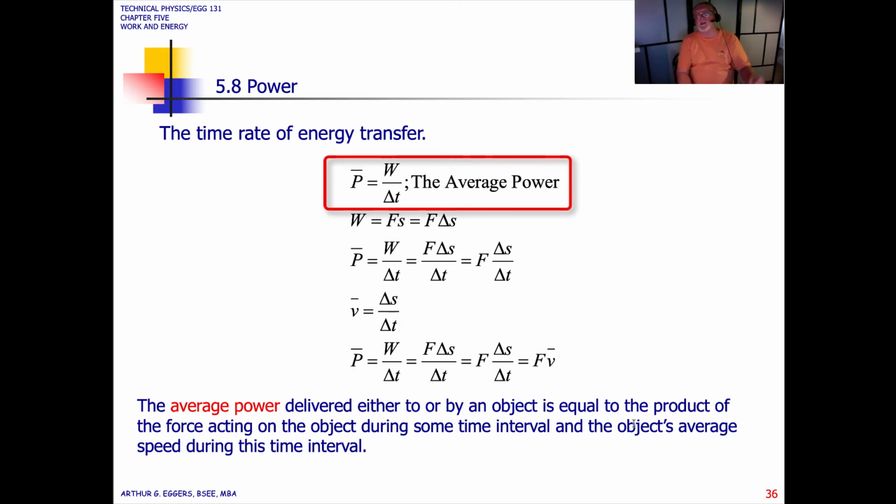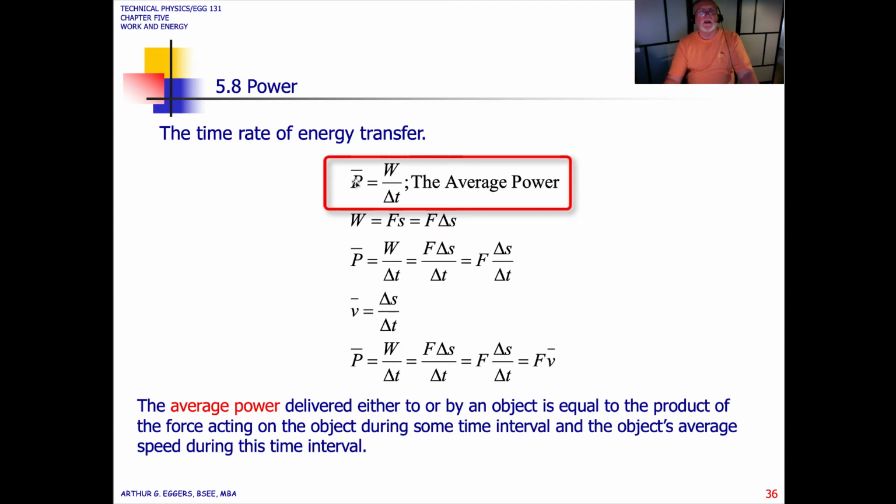Okay, so we've taken our fundamental units, velocity, distance, acceleration. We develop from that force, mass times acceleration. We develop from that work and energy. Now we're going to add another component. We're going to call it power. And power is a time rate of energy transfer. Whenever anything becomes a time rate, that means you're adding a unit of time in there, typically seconds.